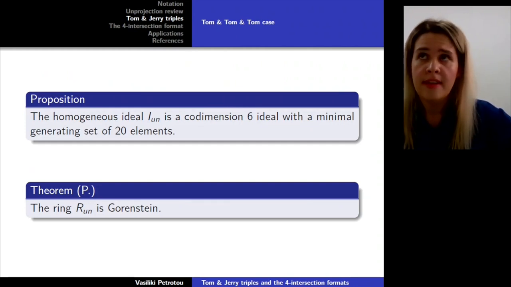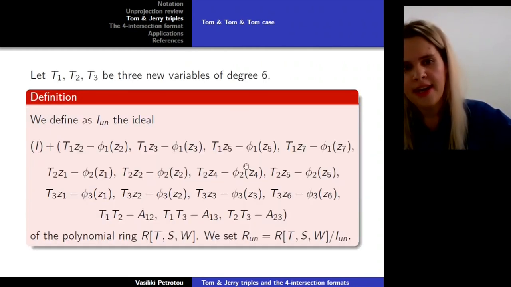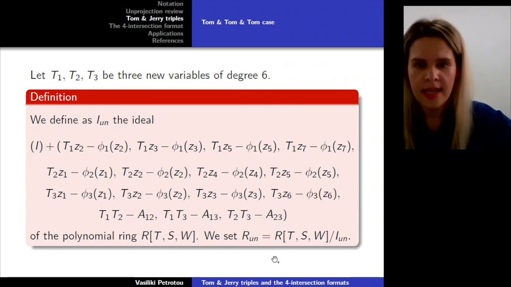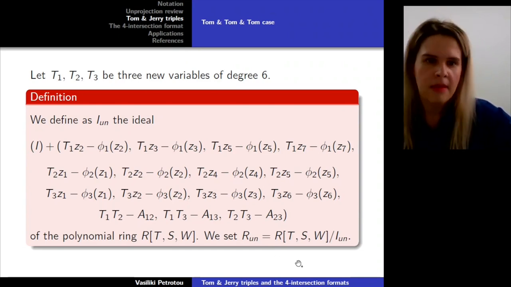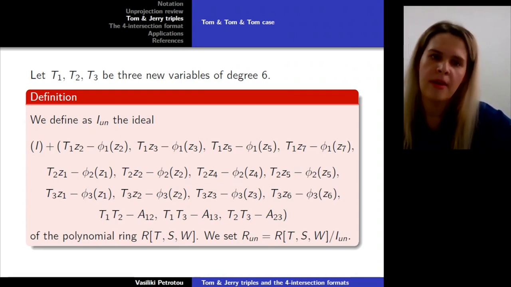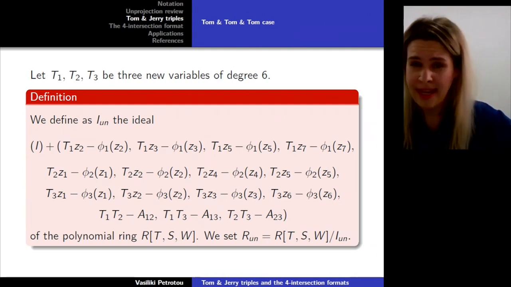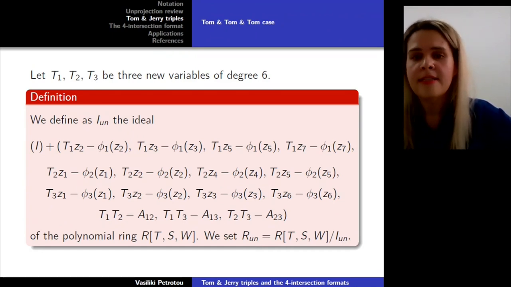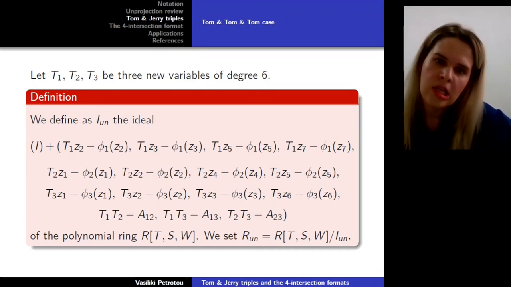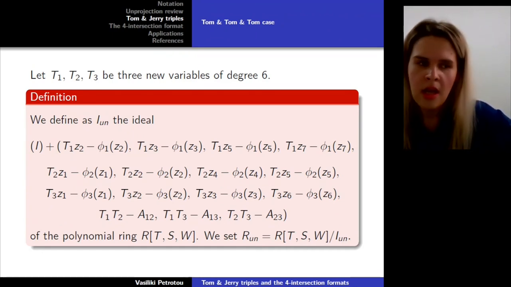It is important to say that this final ideal is a codimension 6 homogeneous ideal. It's easy to compute the codimension because we started with a codimension 3 ideal. We performed 3 Kustin-Miller projections, and as we saw before, in each projection the codimension increases by 1.